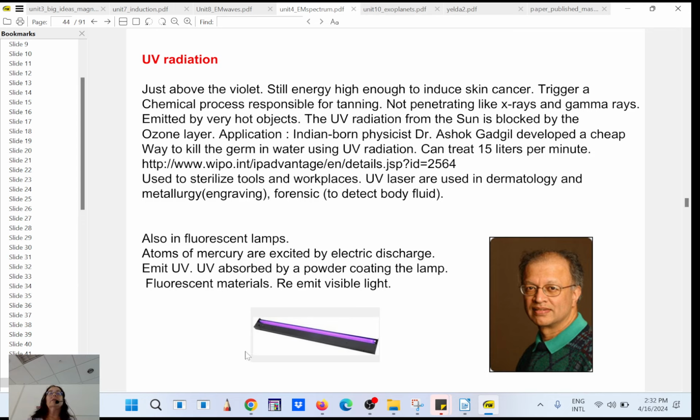And this UV radiation will kill all the bugs inside. So it was a very cheap, simple way to purify the water. It's also used if you go for a manicure or whatever, they use UV light. It's also used in surgery. They put the instruments under UV light to kill all the bugs and the bacteria. Okay?